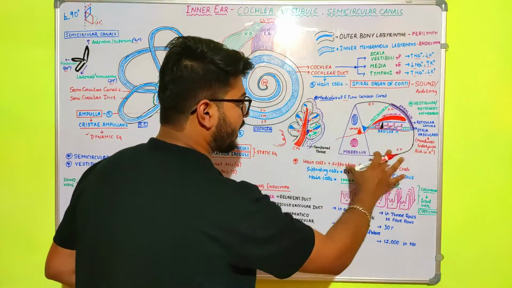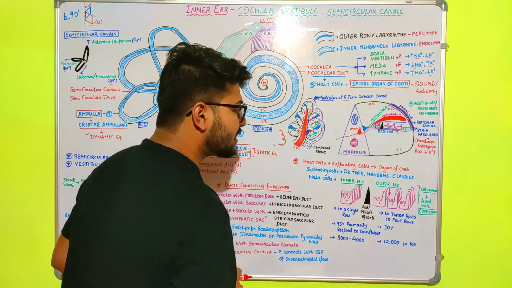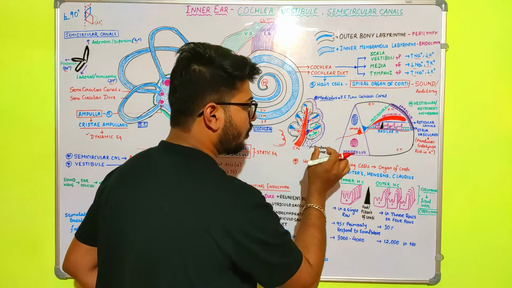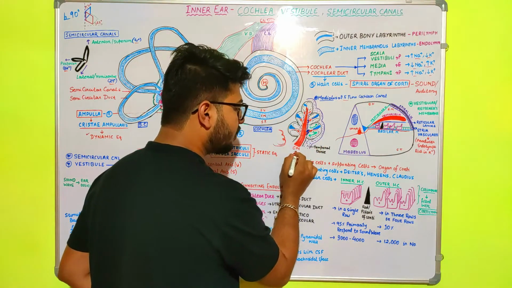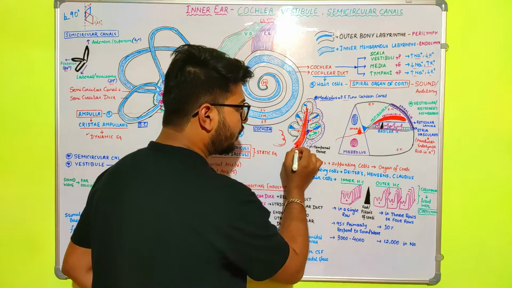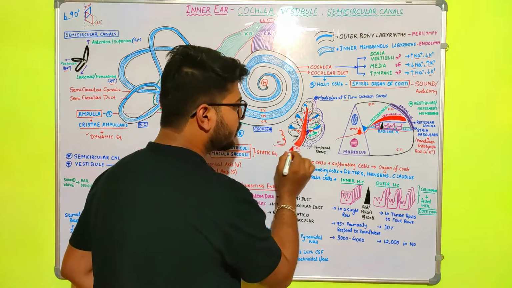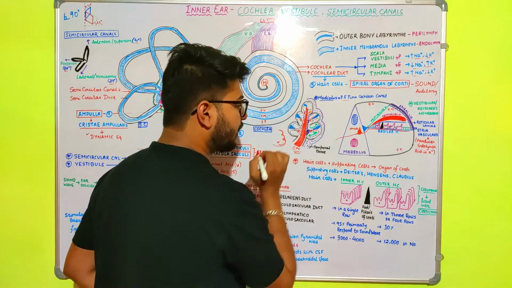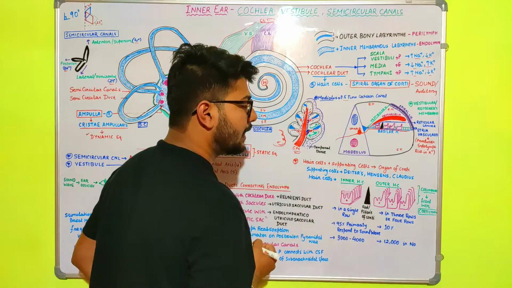Here I have magnified the structure of the cochlear canal. This triangle represents the modiolus, the bony core that has the cochlear nerve. At the mid of the median or apical turn, we have a bony structure called the spiral limbus.